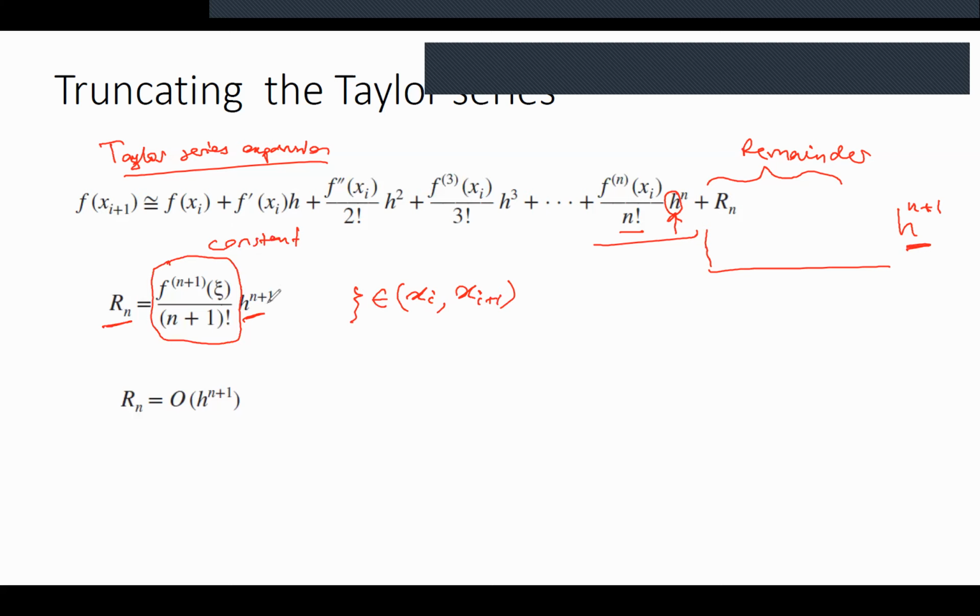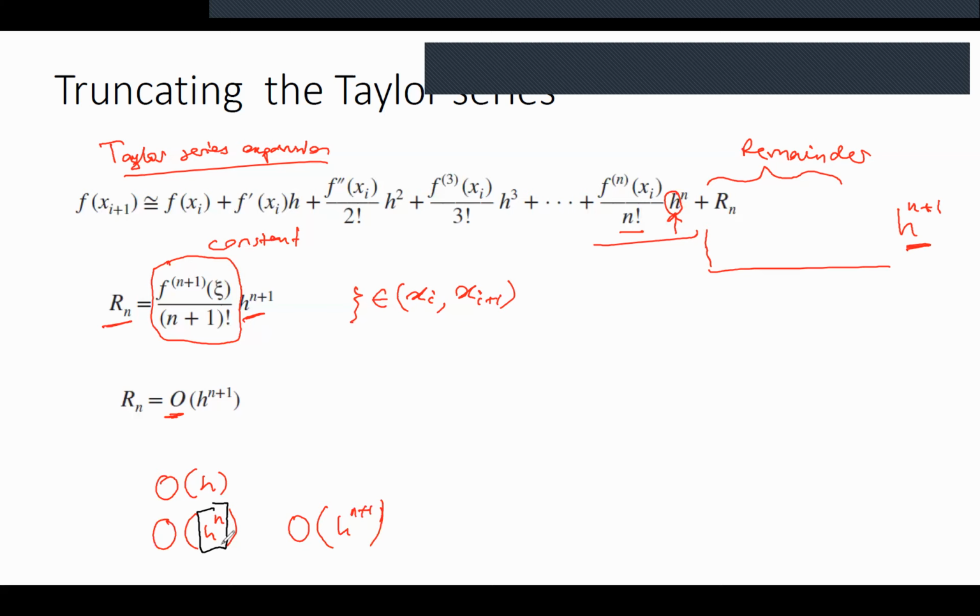And this nomenclature O, so O(h), or O(h^n), or O(h^(n+1)), means that the truncation error is of the order of this term. So this represents the truncation error simply, and the order is dependent on the step size and its power.